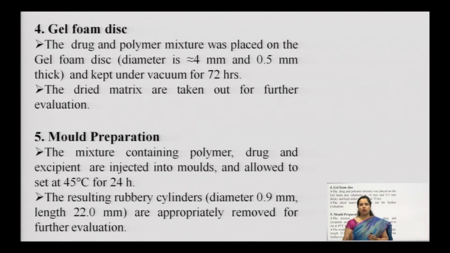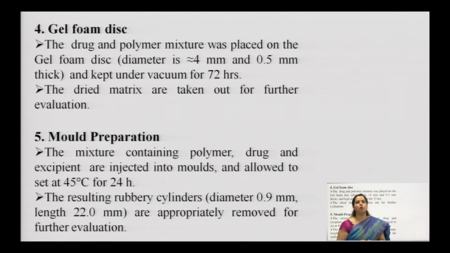These are the conditions that need to be maintained for making these gel foam discs. The dried matrix or insert is taken out for further evaluation. Evaluation is also an important aspect of these Ocuserts. Otherwise, how will you know that the Ocusert prepared using all these methods is up to the mark or giving apt performance or not?